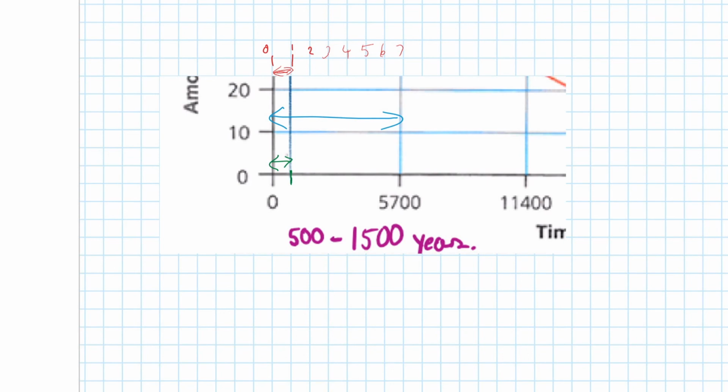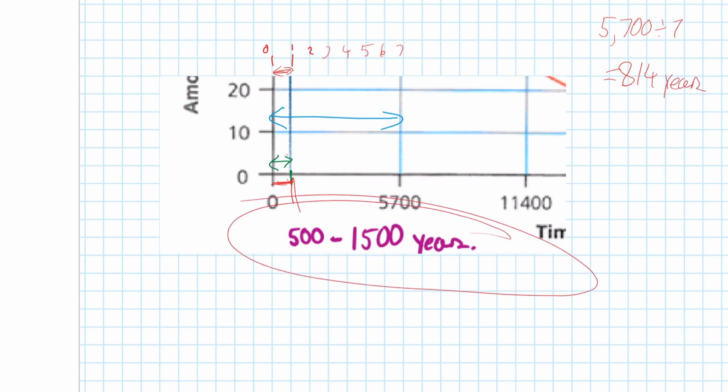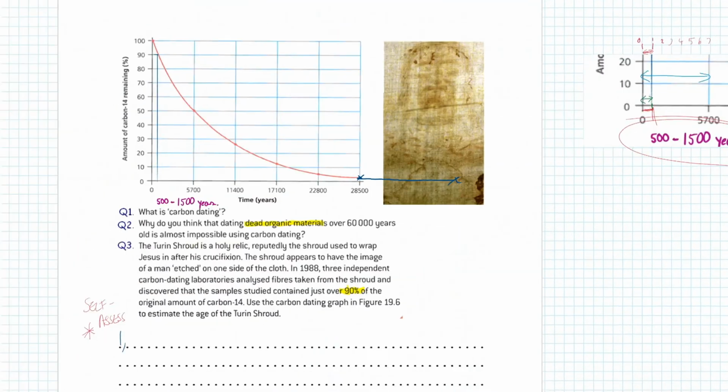So to work out this value in years, we would divide 5,700 by 7, giving you 814 years. That would be a more accurate way of doing it, but in absence of a useful scale on the graph, again, I'd allow anything between those 2 values.